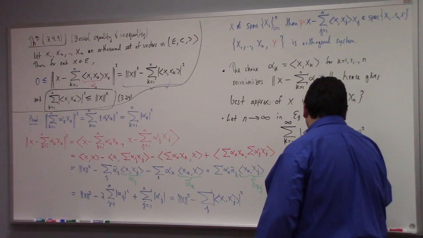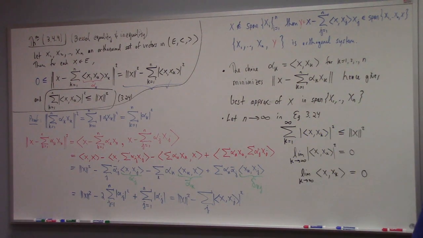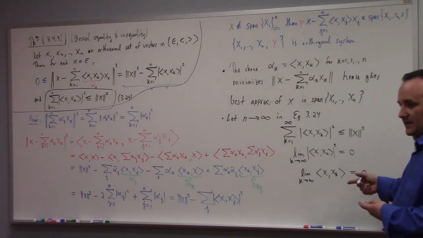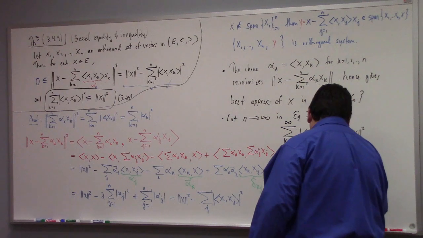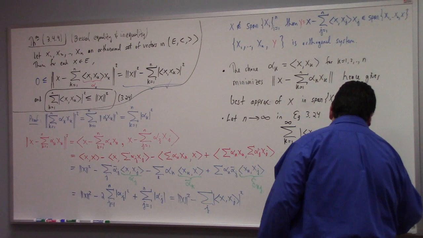If the absolute value of a sequence goes to 0, it follows that the sequence goes to 0. That's true for real and for complex case, right? If the complex modulus of a complex sequence goes to 0, that's true if and only if the real and imaginary parts of the sequence separately go to 0. But then that is literally weak convergence, right? So x_k goes to x weakly as k goes to infinity.